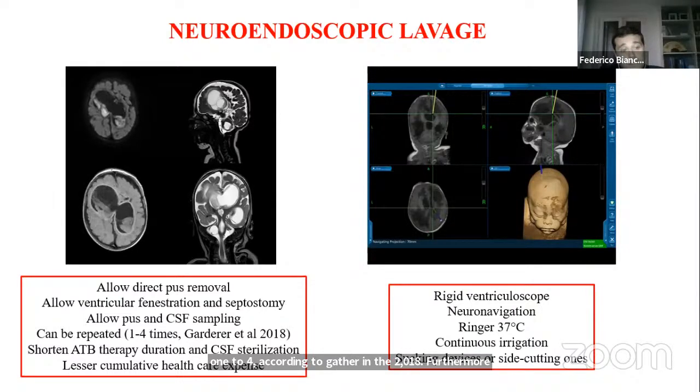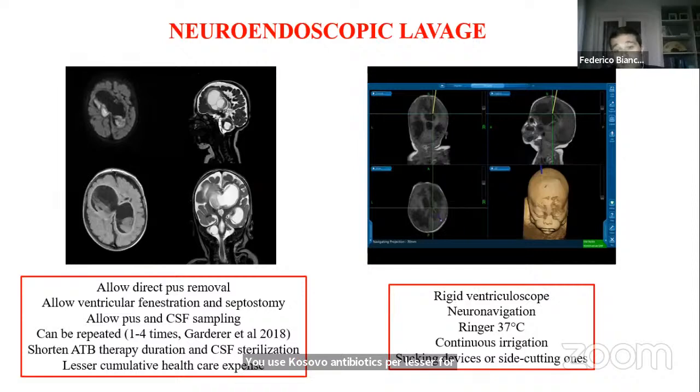Furthermore, it shortens the need for and the duration of antibiotic therapy, as well as speeding up CSF sterilization. It can also be argued that as most pediatric neurosurgeons already have the endoscope among their tools, it can lessen healthcare expenses, as you will need to use costly antibiotics for a lesser length of time.